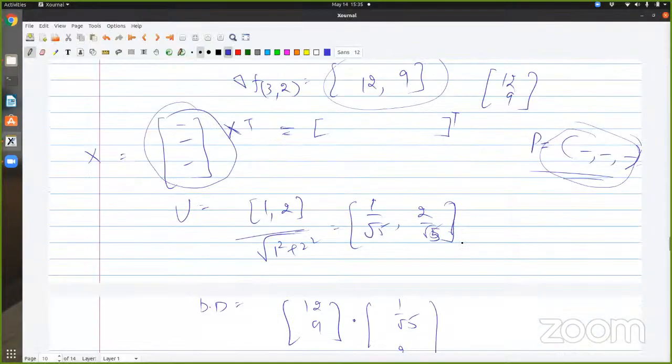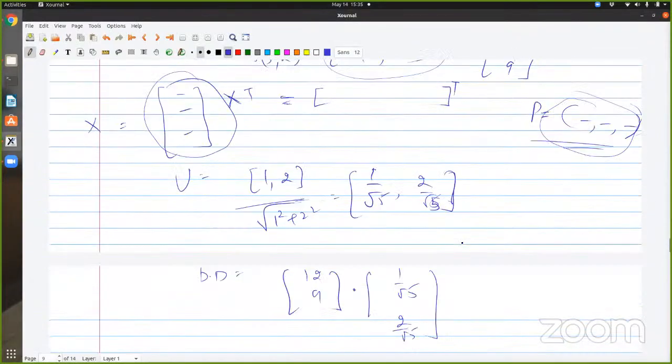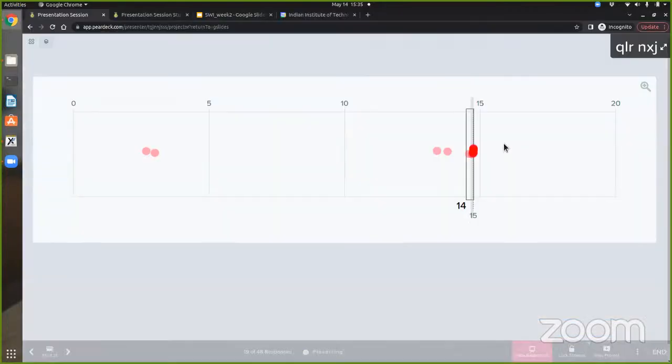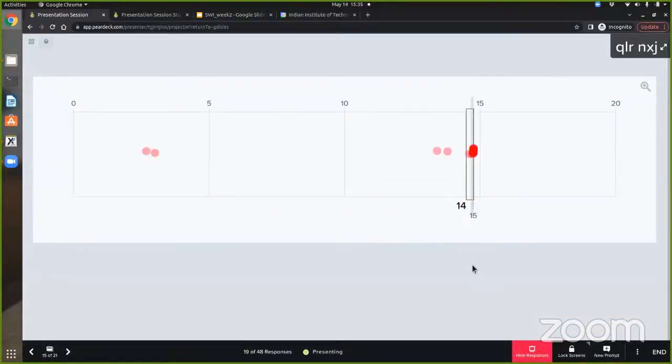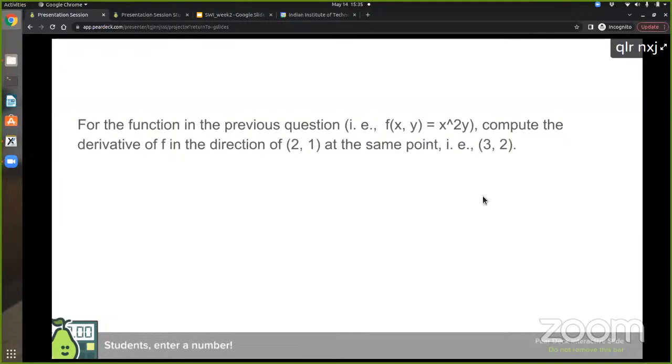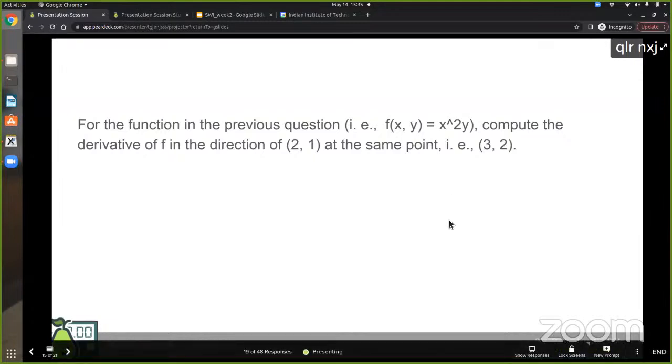So you see, when the direction was 1, 2, the rate of change of the function was 13.541, and now it is 14.75. So you can compute how the function is varying in different directions by using the concept of directional derivatives. I hope this is clear and we can move on. If you want me to solve, let me know.